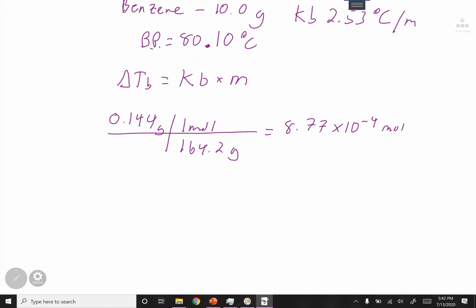Okay, we have the mass of benzene already, so we can calculate little m. So moles, remember, over kilograms of solvent.